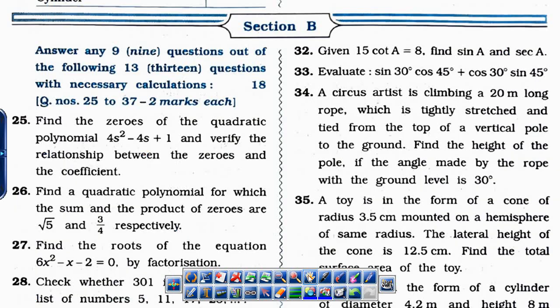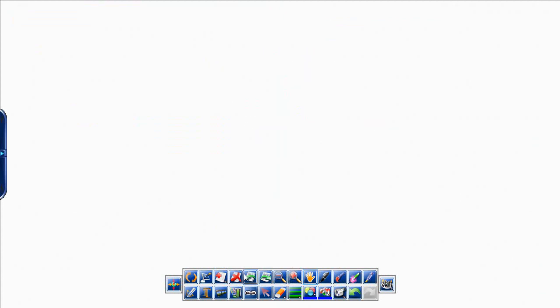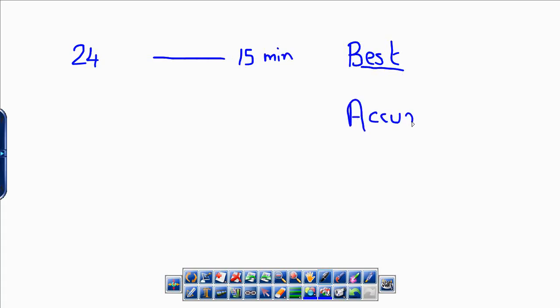So if you see, the time taken to complete section A was 15 minutes. 24 marks solve करने के लिए 15 minutes. This is called the best time. But we don't need to be best. We need to be accurate. Best time मतलब top speed.